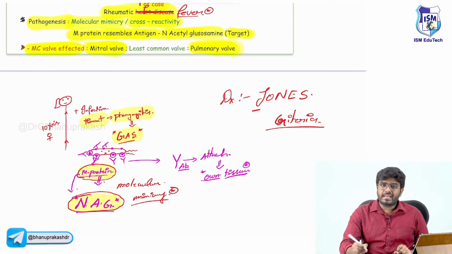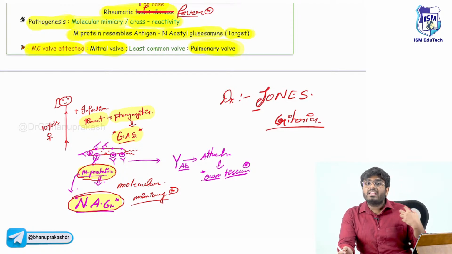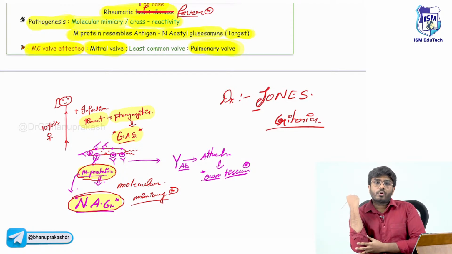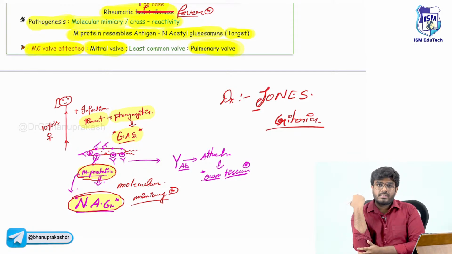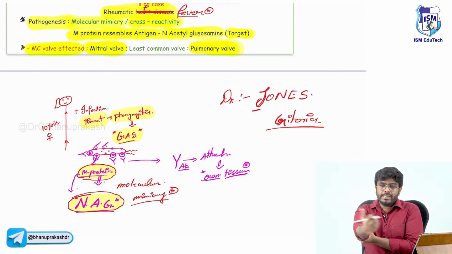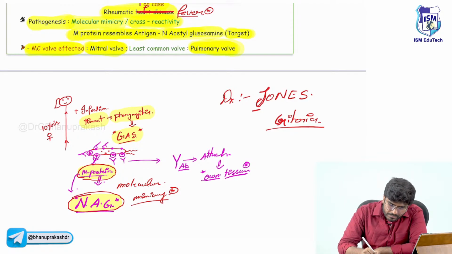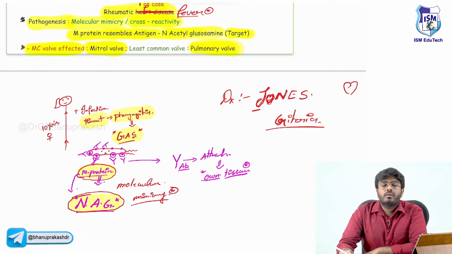Jones here stands for: J for joints. If I am developing rheumatic fever, my joints will be affected. Antibodies will start to attack the joints, leading to arthritis. So joint involvement. O, write it like a heart symbol, O for heart involvement. And N for nodules.